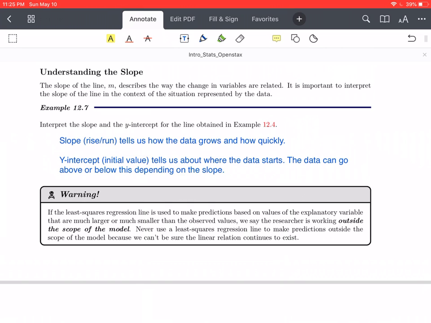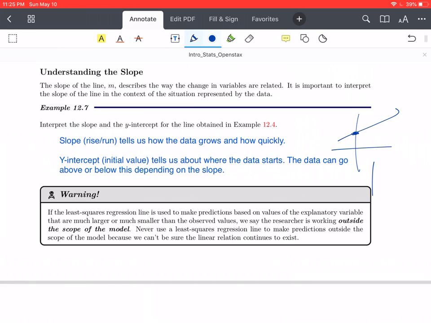In terms of greater than 0, as time goes on. But if the slope was negative, then the initial value, the y-intercept, would actually be the largest value, right? Because instead of the graph going like this, where the y-intercept is the lowest value, the graph, if it was negative, would go like this, in which case the y-intercept would be the highest value. Okay, so that just depends from graph to graph.